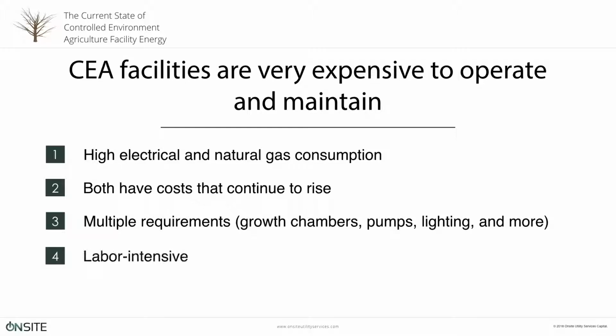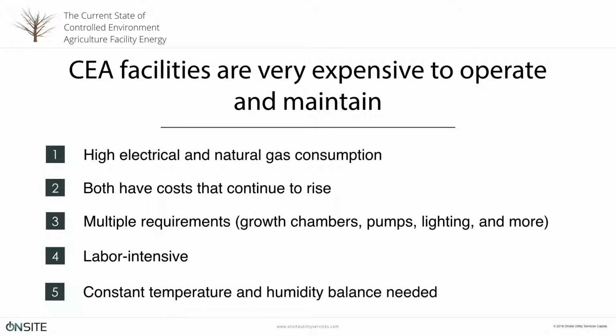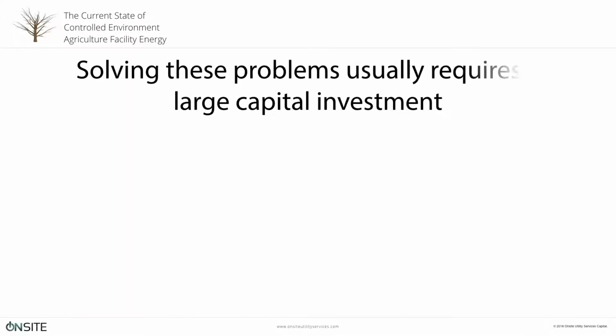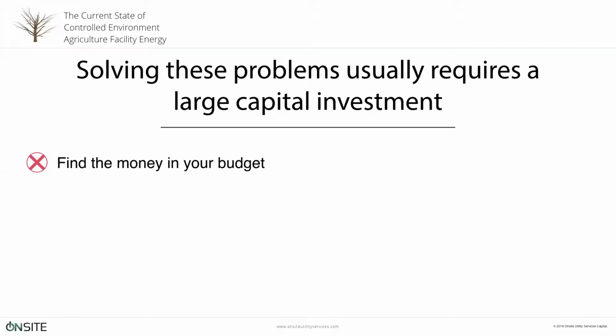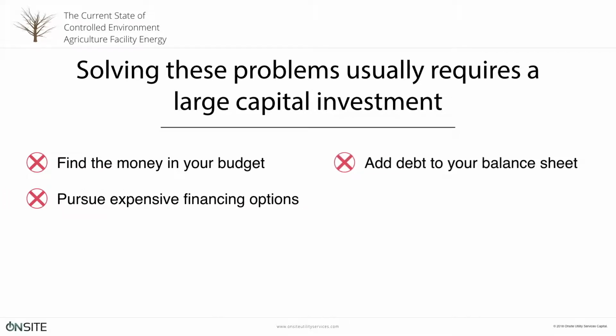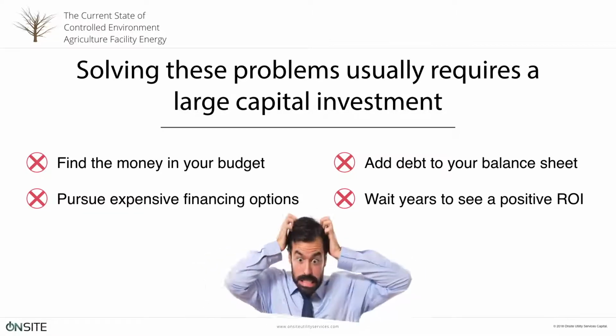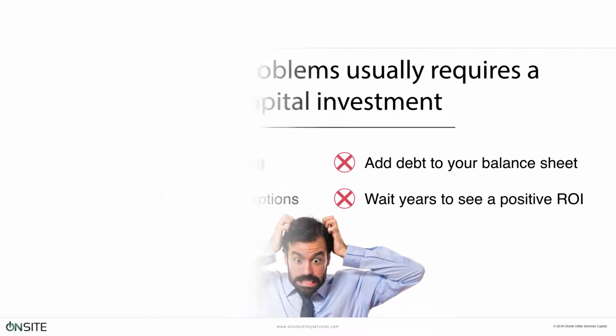They're labor-intensive, requiring constant hands-on work, and they have constant temperature and humidity balance needs. Solving these usually requires a large capital investment. You need to find the money in your budget, and if you don't have it, then you pursue expensive financing options, which adds debt to your balance sheet. And in either situation, you typically have to wait years just to see a positive return on your investment. It can get very frustrating very quickly.